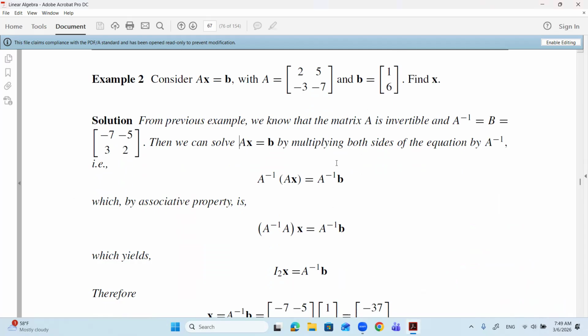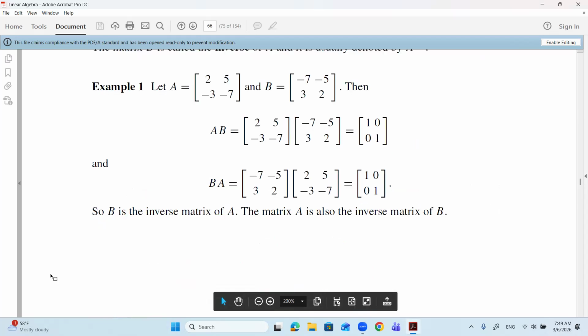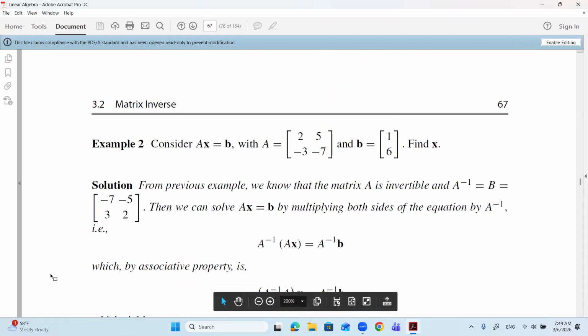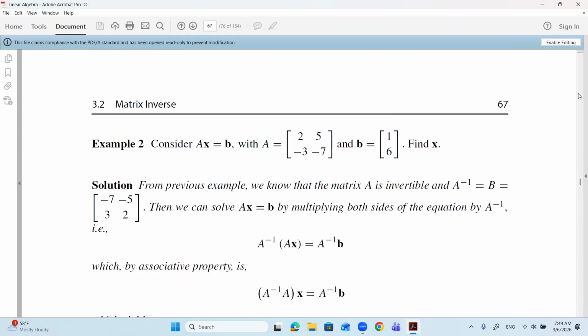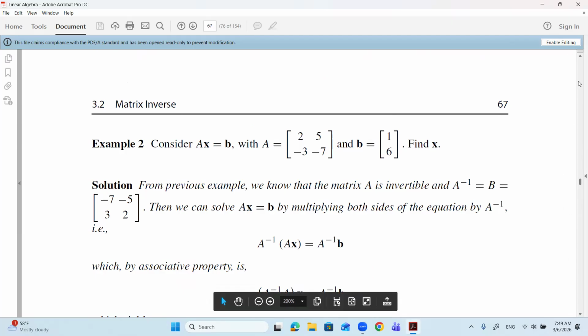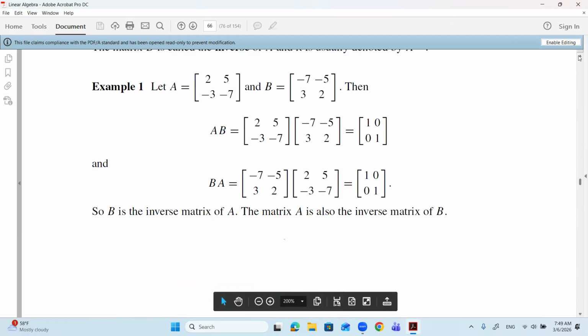So let's look at this A, which is a small matrix. Can we find its inverse? In fact, there is a convenient formula. This formula is applicable for a 2 by 2 matrix. If you use this formula, you can quickly find the inverse of a 2 by 2 matrix.